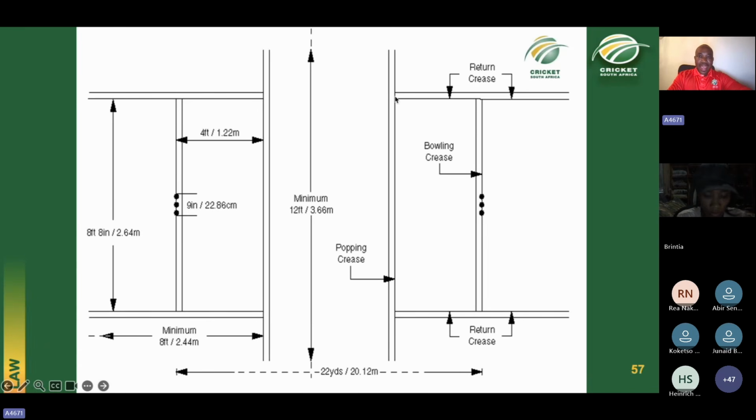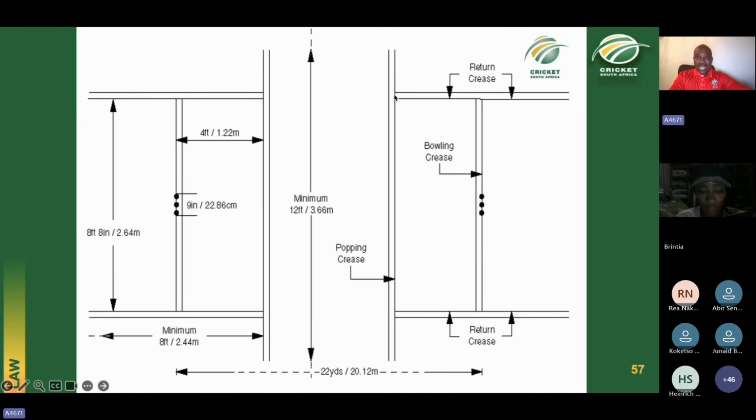Okay. And also the minimum length of the popping crease is 3.66 meters or 12 feet. So that is wider than the bowling crease.